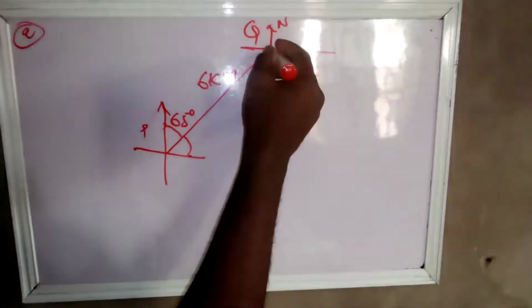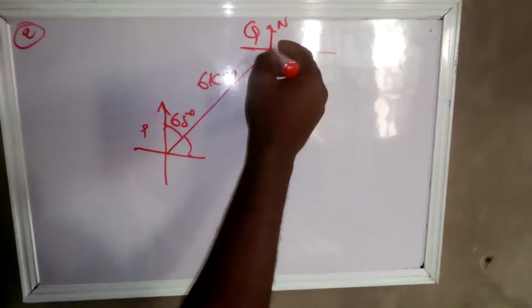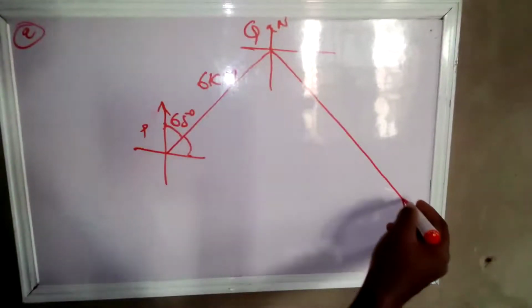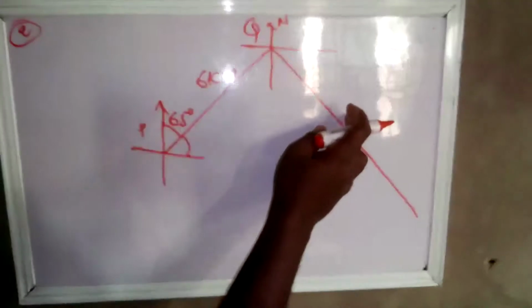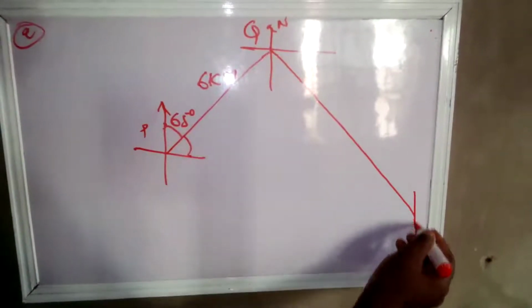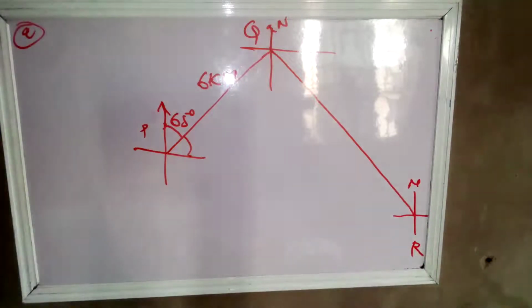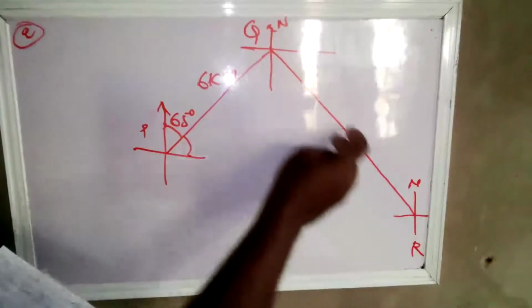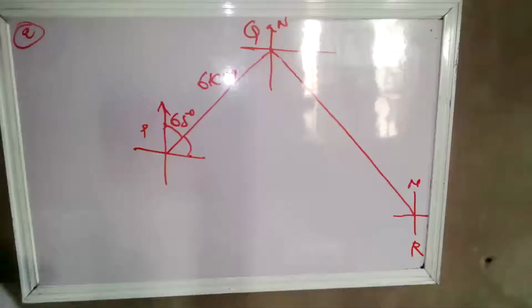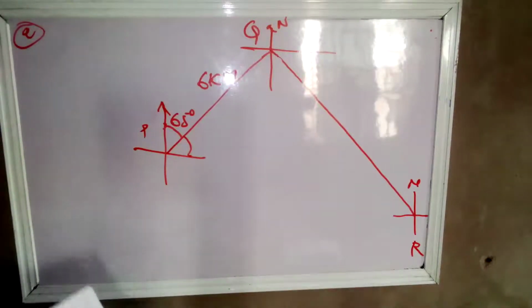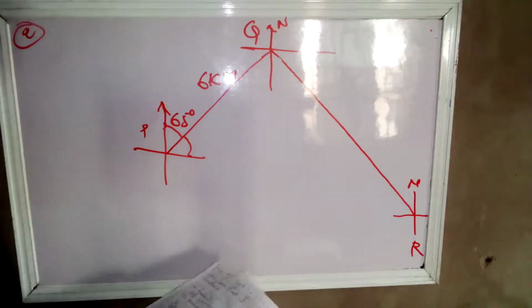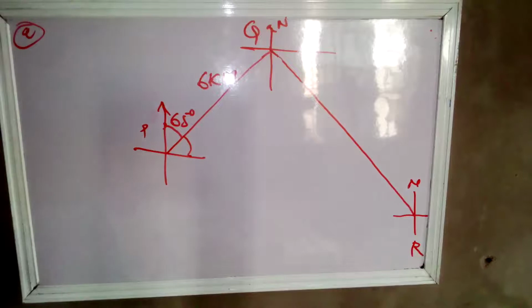That means he will continue from Q. Since this one is 13 kilometers, you have to make this line longer, because 13 is more than 6, and label it R. You can see this line is longer than 6 because it is 13 kilometers, on a bearing of 146.